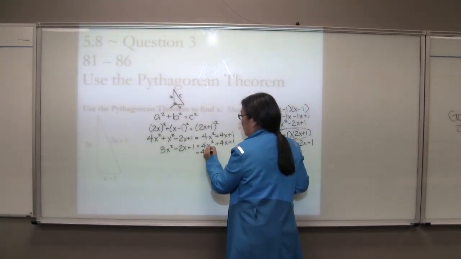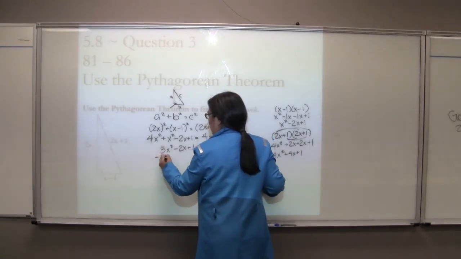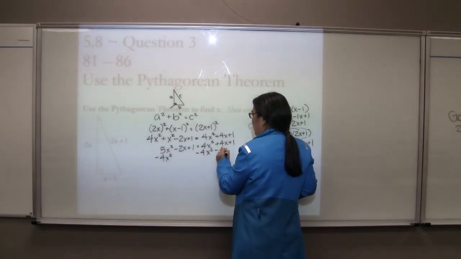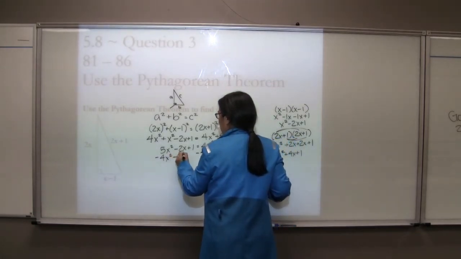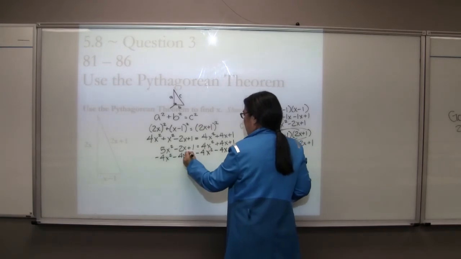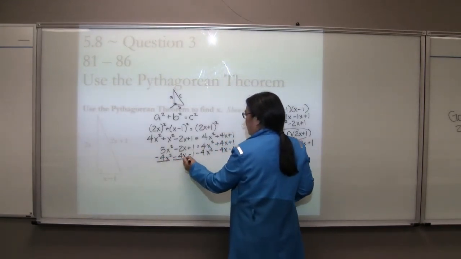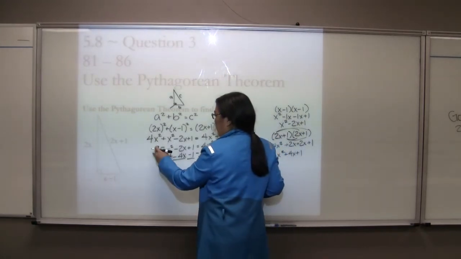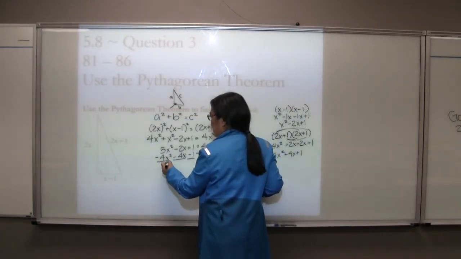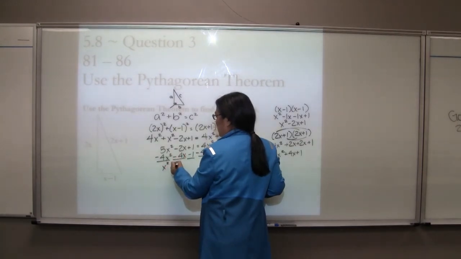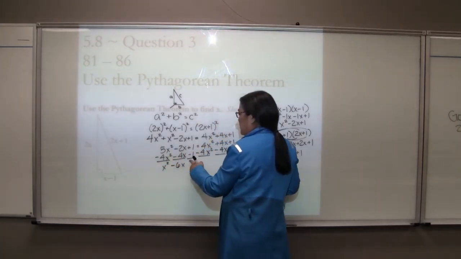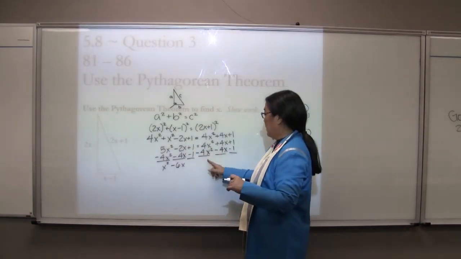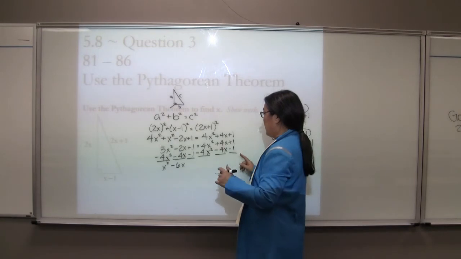This is a wonderful place to show a lot of work, because if you get even one of the terms wrong, you're probably not going to be able to factor this and solve it. I'm trying to move all of them over in one step. If that's confusing to you, you can move them over slowly. 5x squared minus 4x squared is x squared. Minus 2x and minus 4x is minus 6x. And plus 1 and minus 1, remember those are additive inverses from chapter 1. Those will cancel out.